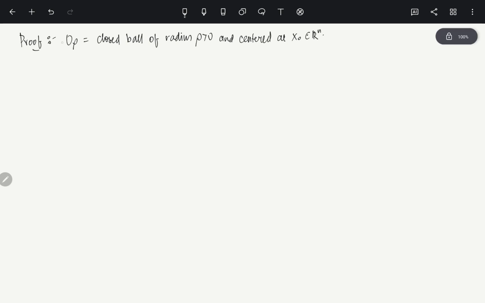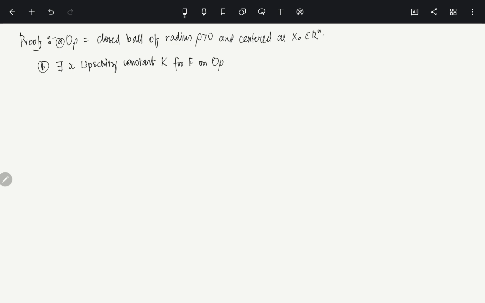Clear? Okay, A. These are some assumptions. B is there exists a Lipschitz constant K for f on O rho.